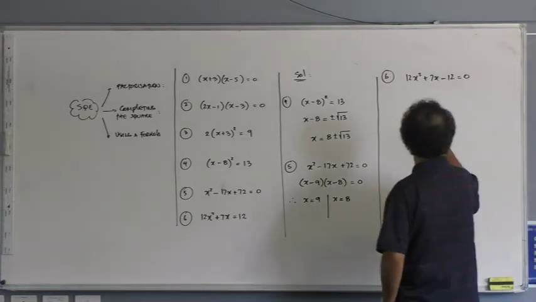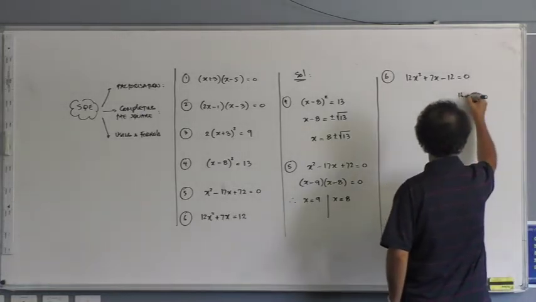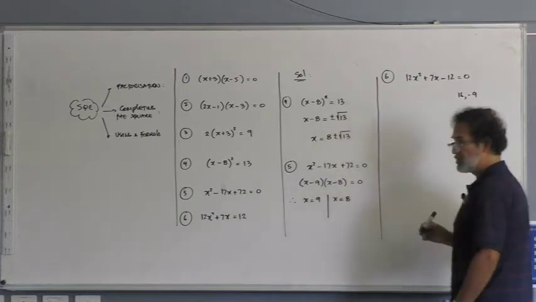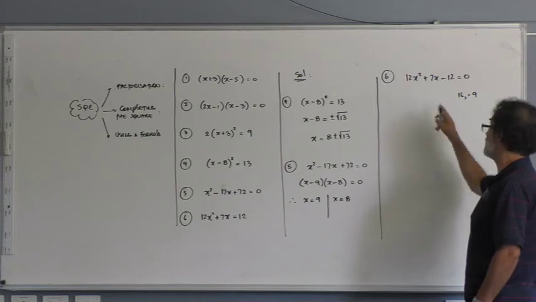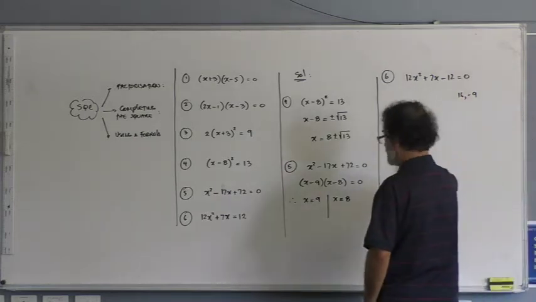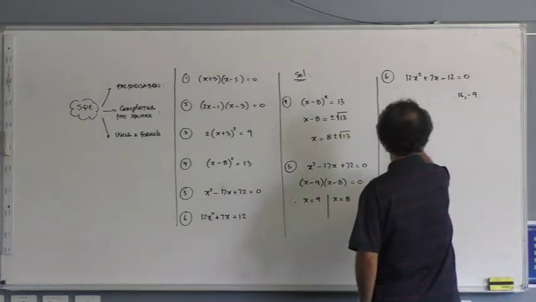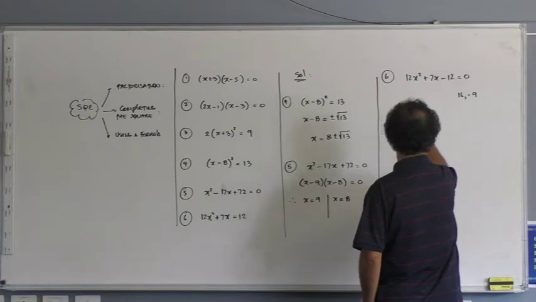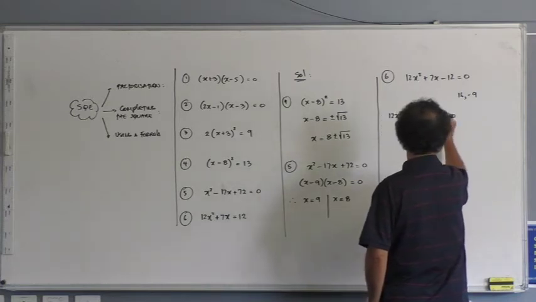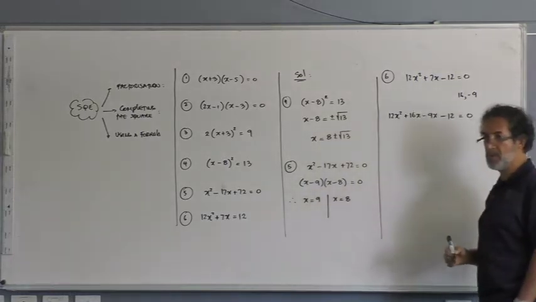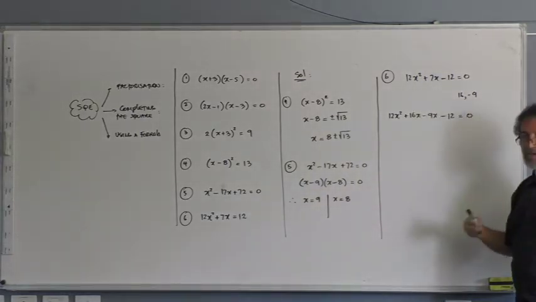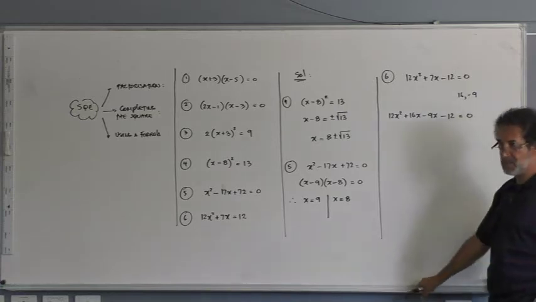All right. So 16 and negative 9 are those numbers. Again, from last year, or this year, you do 12x squared plus 16x minus 9x minus 12 equal to 0. Finding the numbers is something that you're going to have to practice.